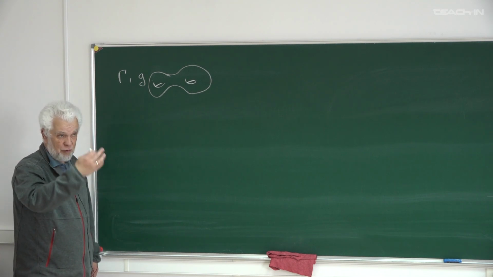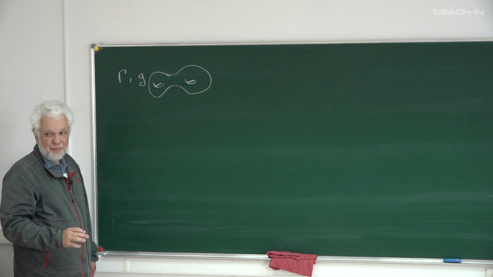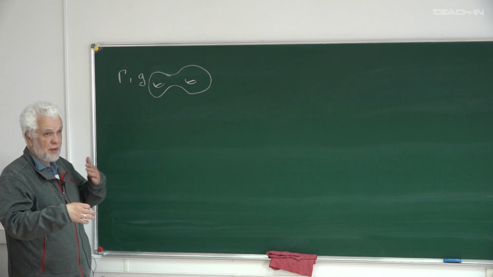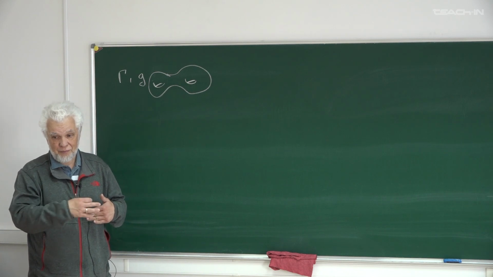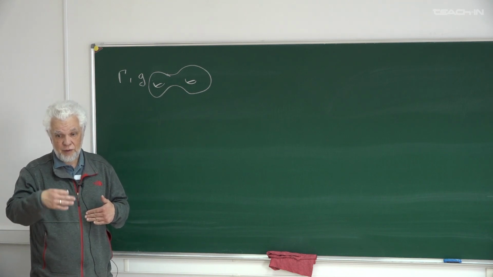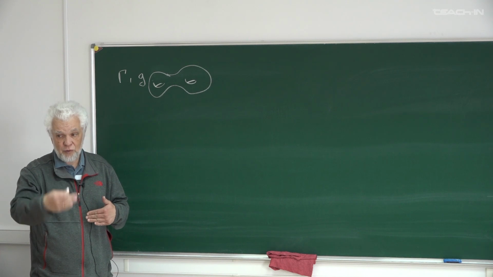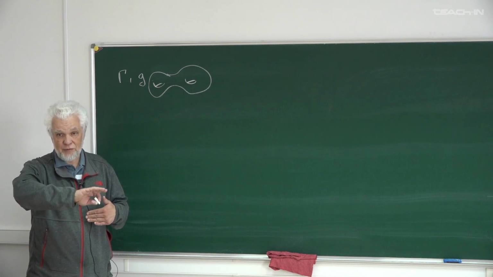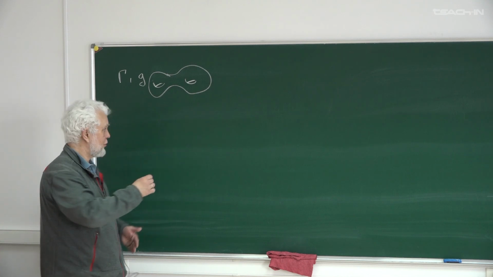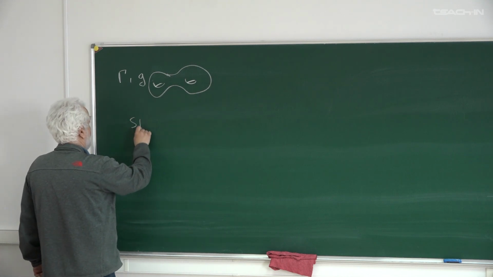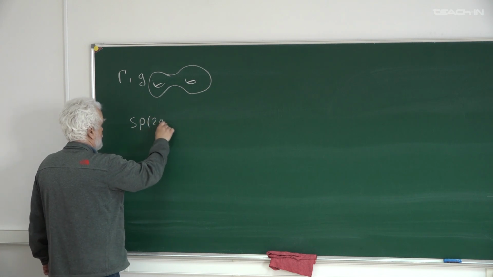Two tori may be not equivalent, may be equivalent. So we have the moduli space for Riemann surfaces. You have two objects, Teichmüller space and moduli space. Moduli space is the quotient of Teichmüller space by the group SL(2, Z).